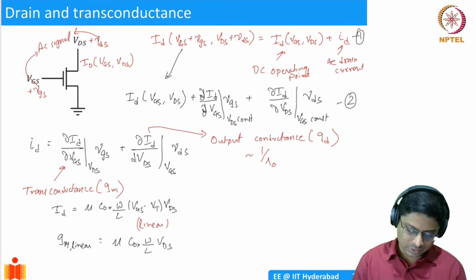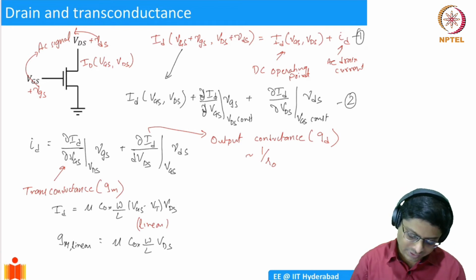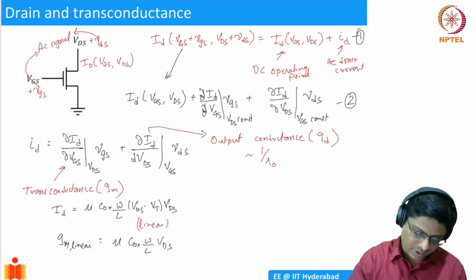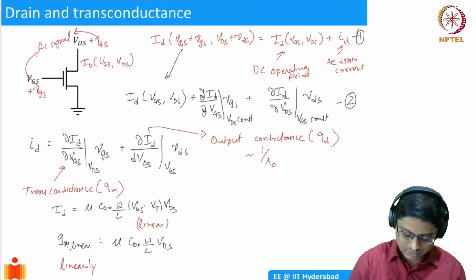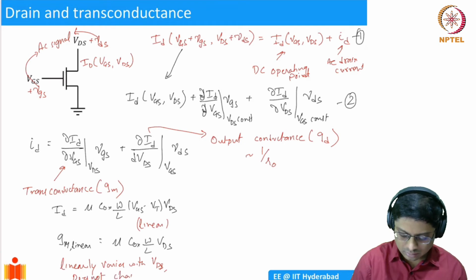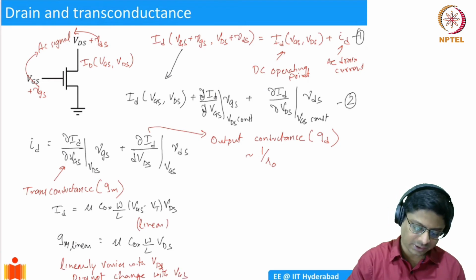So here you see that the transconductance varies linearly with VDS and does not change with VGS. So this is the linear transconductance.